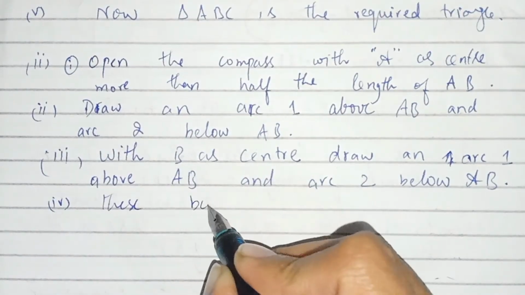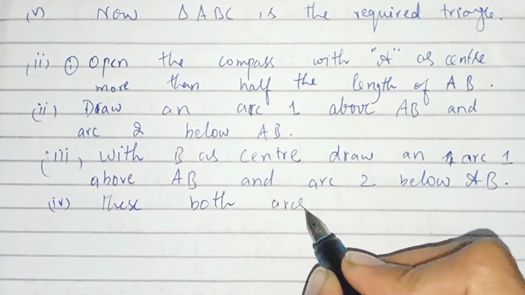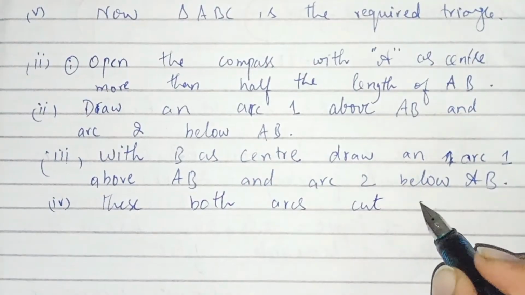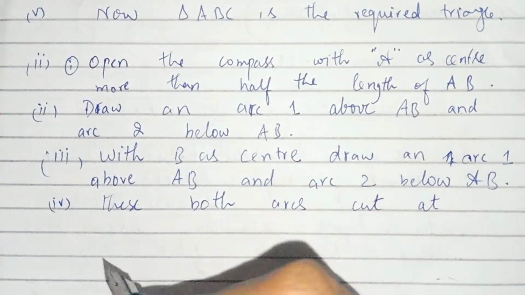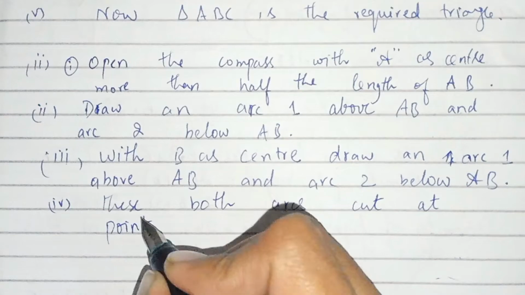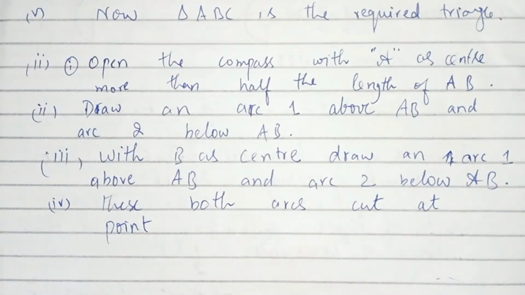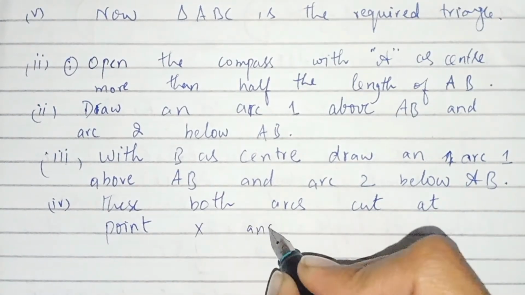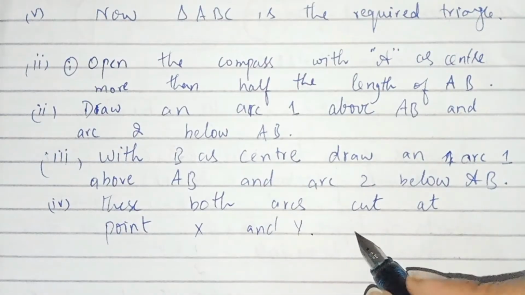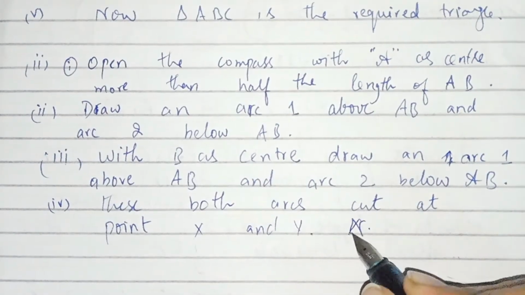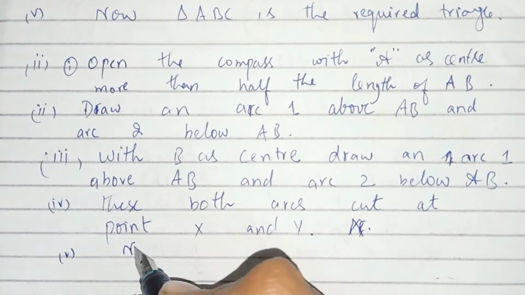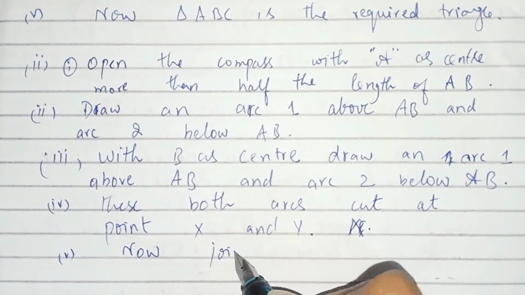These both arcs cut at a point. We also give the name of this point X and Y. And now join this point.